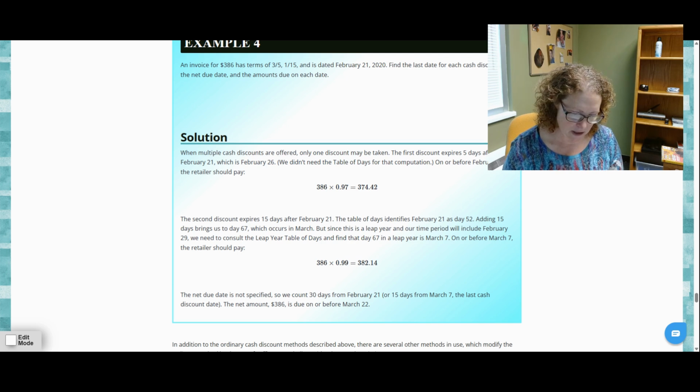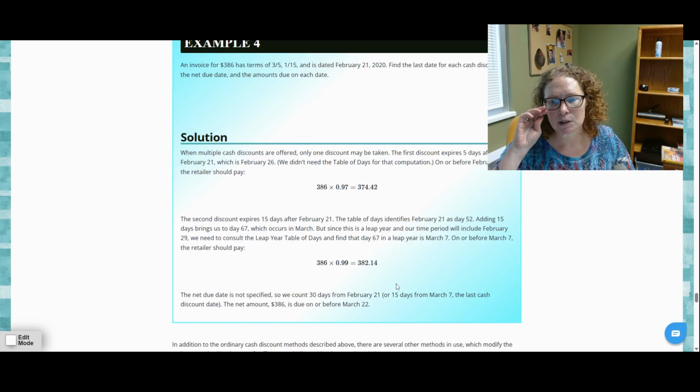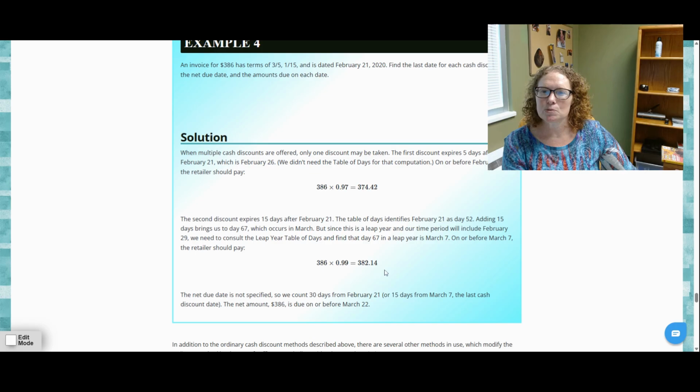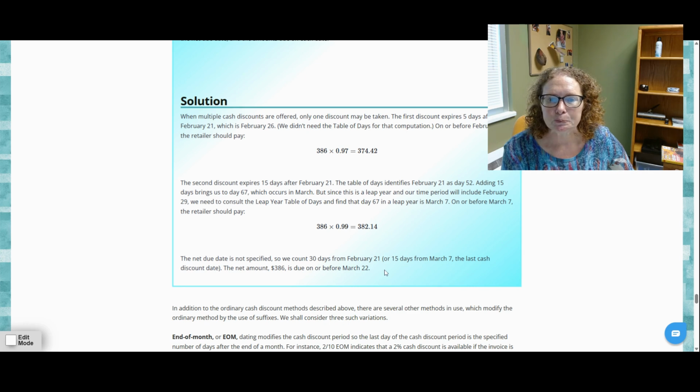Adding 15 gives us day 67, which gives us March 7th. So on or before March 7th, you would pay $382.14, because remember it was a 1% discount, so the complement would be 0.99.